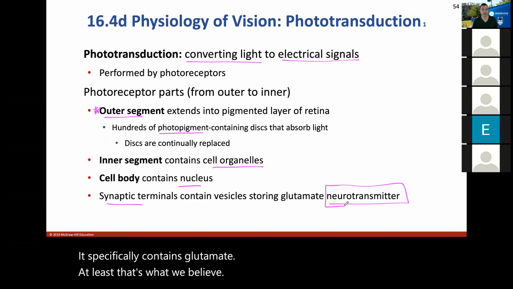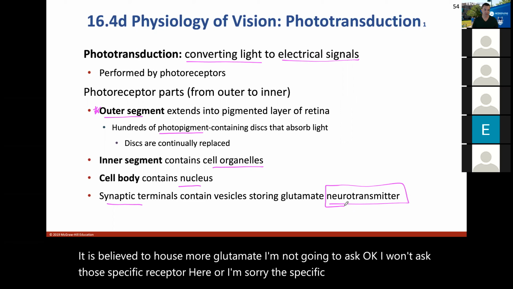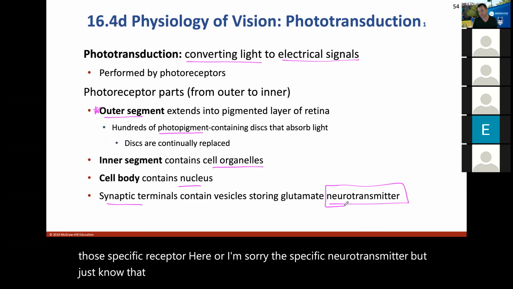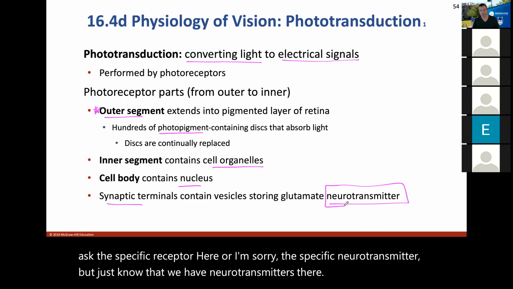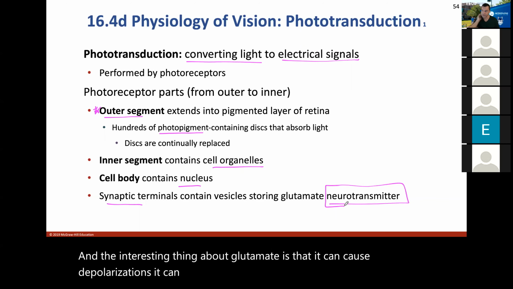Most books say it is believed to house glutamate. I'm not going to ask the specific neurotransmitter, but just know that we have neurotransmitters there. The interesting thing about glutamate is that it can cause depolarizations, it can cause hyperpolarization, so it can do a bunch of fun stuff, but we're not going to get into that.